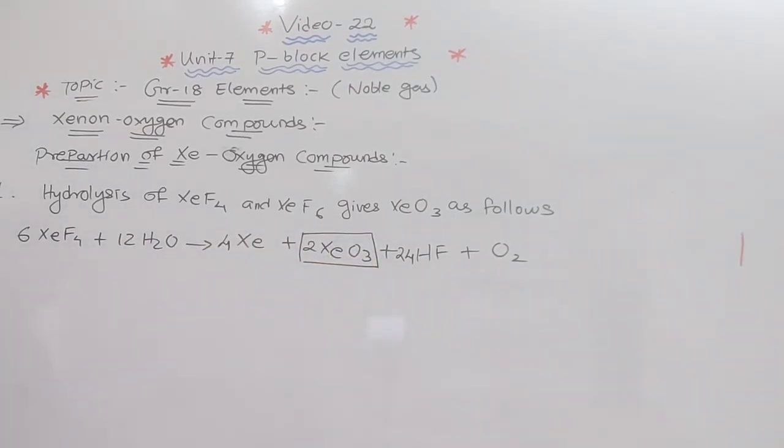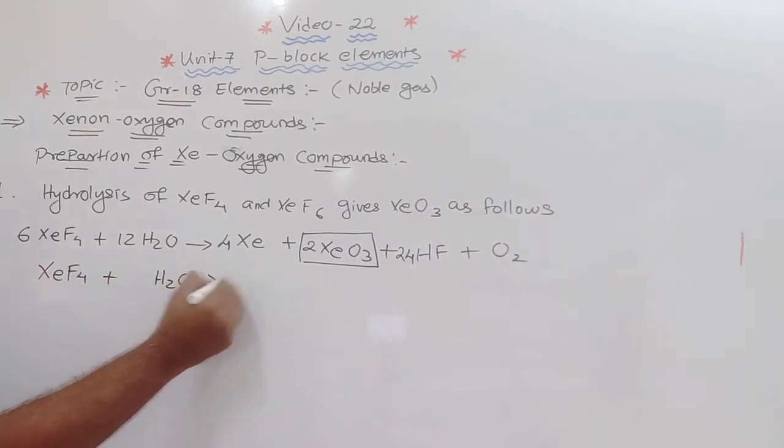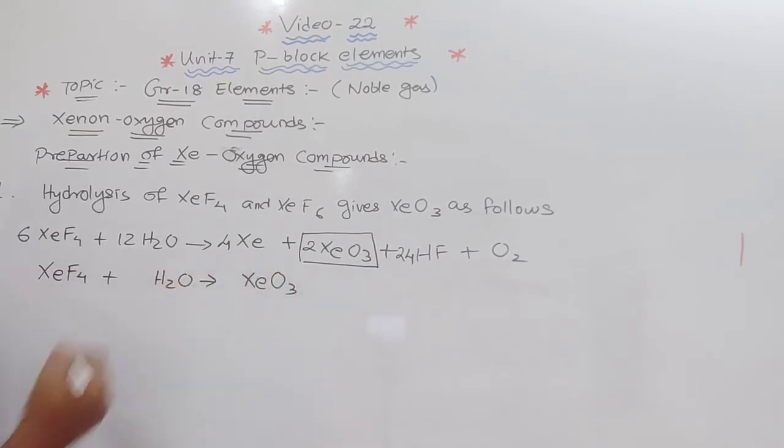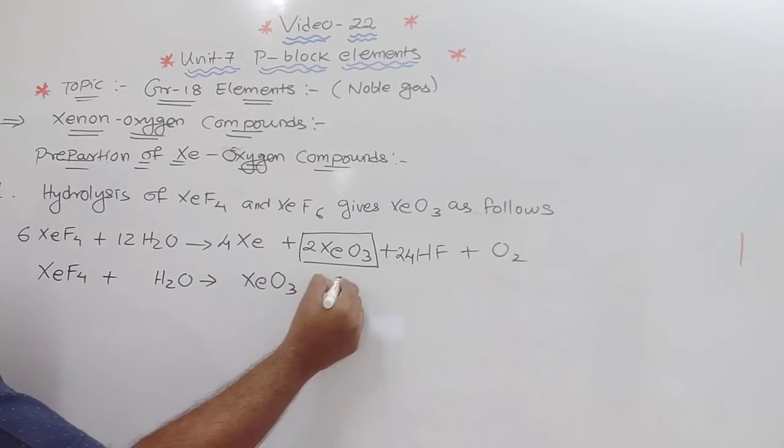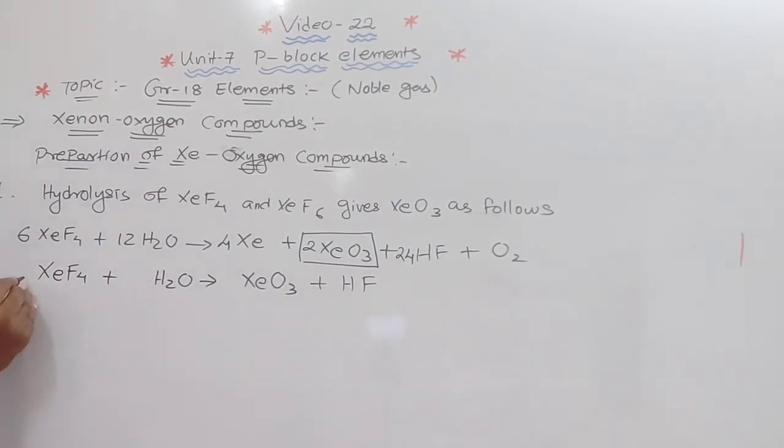Now this XeO3 is also formed when I use XeF6 for a reaction. XeF6 plus 3H2O gives you XeO3 plus 6HF. Clear? Here if you balance it, it will be 3H2O.